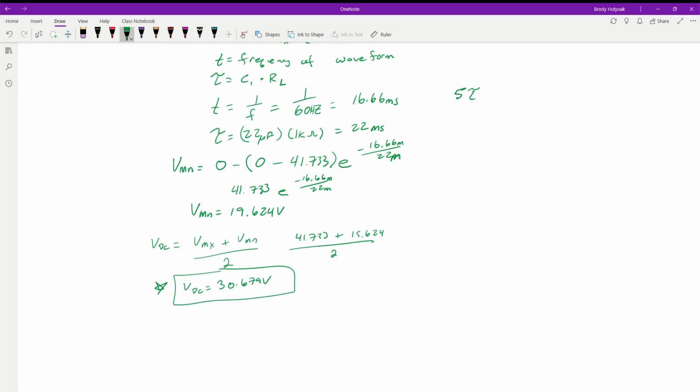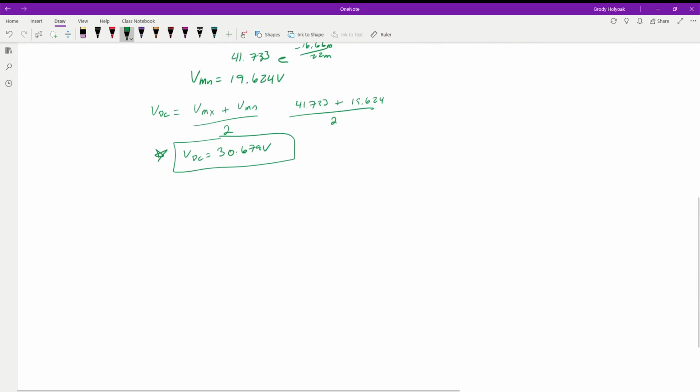Then we're going to find the ripple voltage. Basically, how much is it going to be changing from that value? So V ripple is equal to V max minus V min. Remember that we measure this ripple voltage peak to peak, because it's the total delta, the total difference between the min and the maximum. How much is it fully changing?